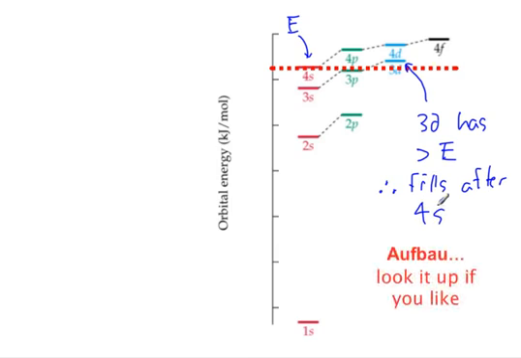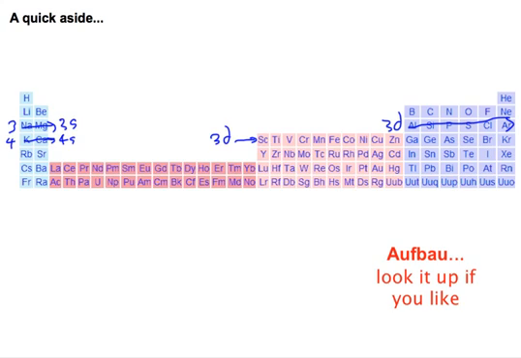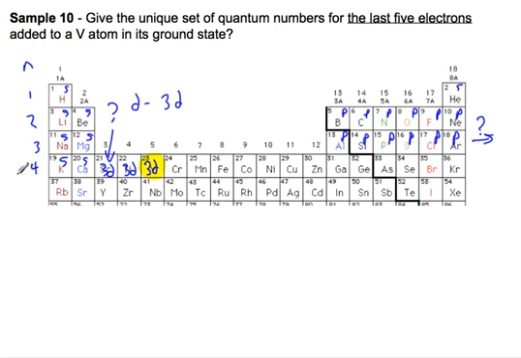This is known as the Aufbau procedure, or Aufbau rule, and we'll talk about that later. But all you have to remember is really the order of filling is not always straight through the orbitals. It actually does change. But let's get back to vanadium, and hopefully we remember that point. We'll become more familiar with that as we progress.